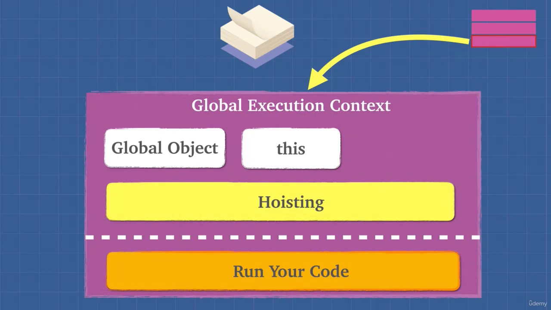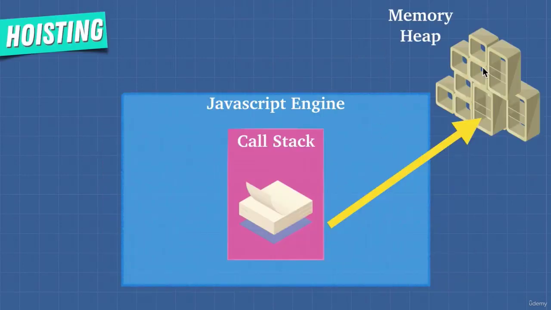Something that's quite unique to JavaScript, where anytime we see the function or the var keywords as the first items on the line, we allocate space for them in our heap to make sure that the JavaScript engine is ready for the execution. So now that we've gotten that done, let's do a fun little exercise.